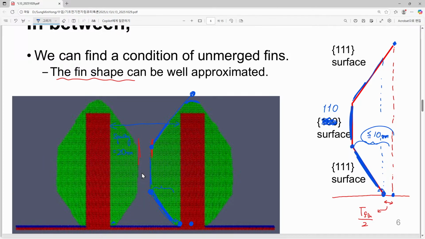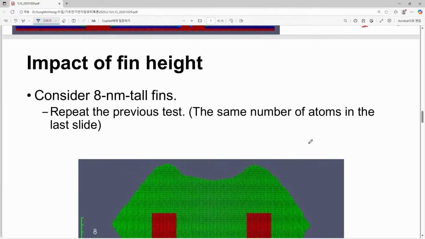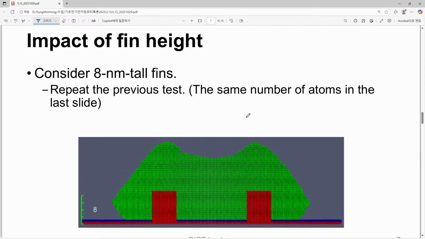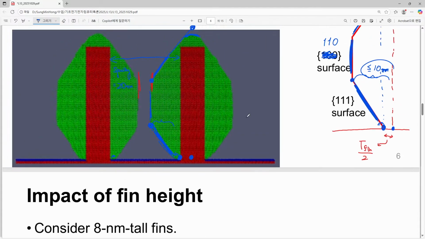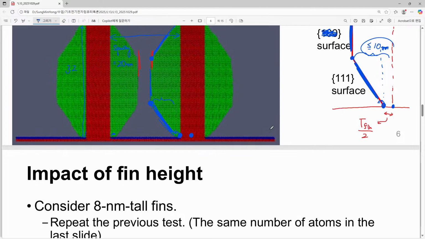So anyway, this is the way of our modeling. Before moving to another structure, let me show you the impact of the fin height. We started from a 32 nanometer tall fin height, but in many cases the fin does not start from its full length.